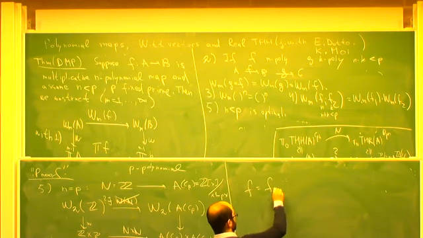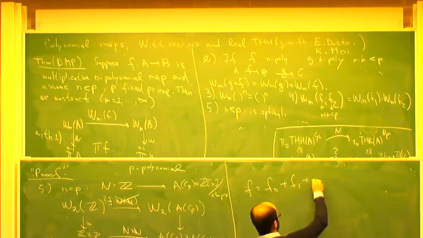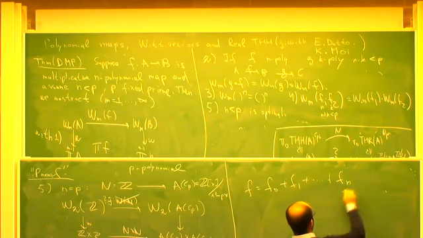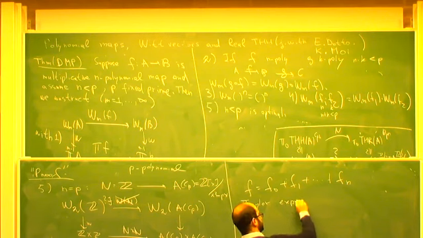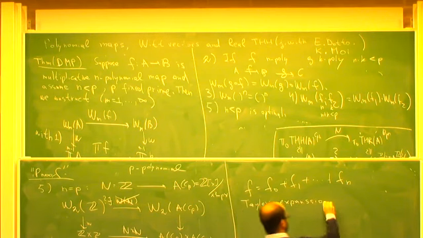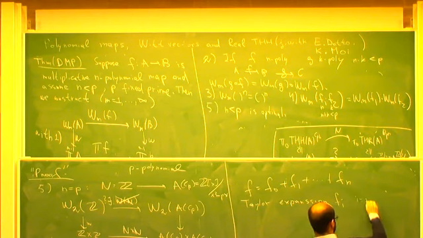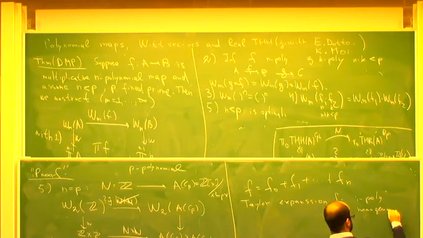That's what I was talking about. So F = F_0 + F_1 + and so on up to F_n. You can do the Taylor expansion of this F, with F_i being i-polynomial homogeneous maps.